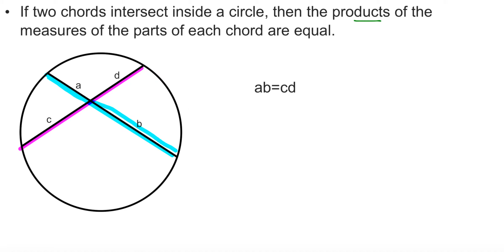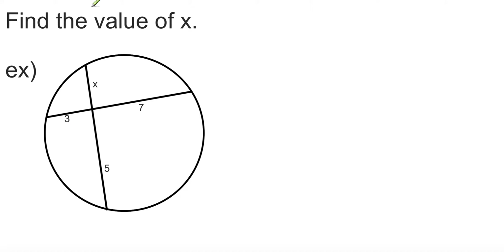Let's do an example with some actual numbers. That may help. Let's find the value of X. So again, we have 2 chords intersecting inside this circle. Let's do green. So those pieces are X and 5. And then we'll do yellow for this chord, 3 and 7.